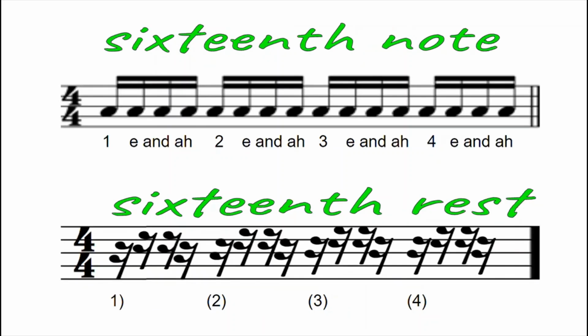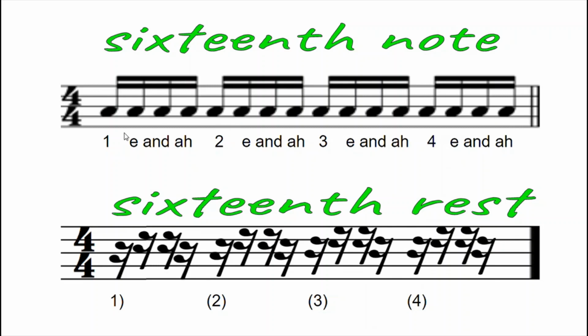Okay, next is a 16th note. Sobrang dami, as in sobrang dami. Kaya ang 16th note, kung mapapansin nyo, there are 16 symbols. Very good. Sobrang dami kasi there are 16 symbols.